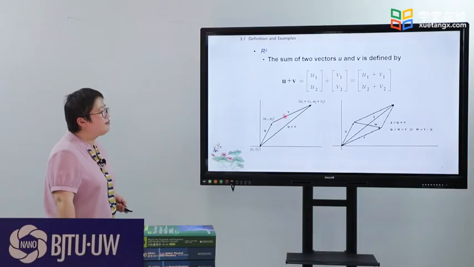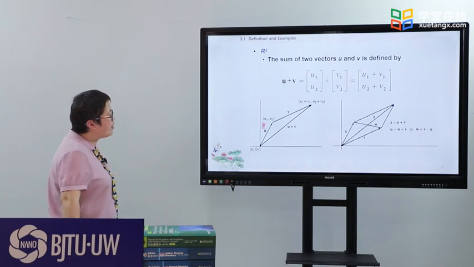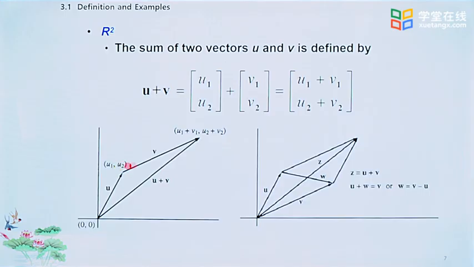In the figure, here is the vector u, and here is the vector v. The vector v starts from the endpoint of the vector u, and then you get u plus v, this new vector, starting from the starting point of u and ending at the ending point of v. So this is u plus v.